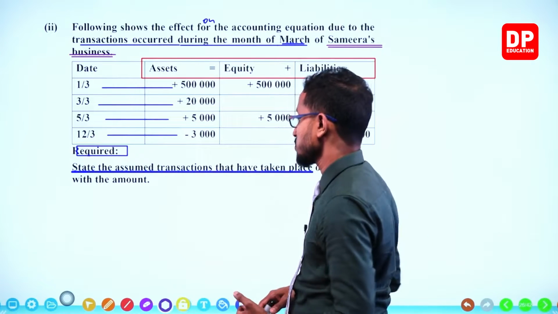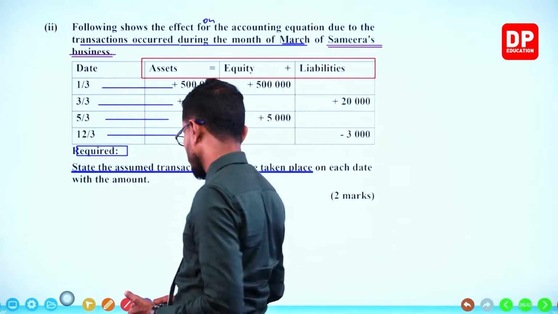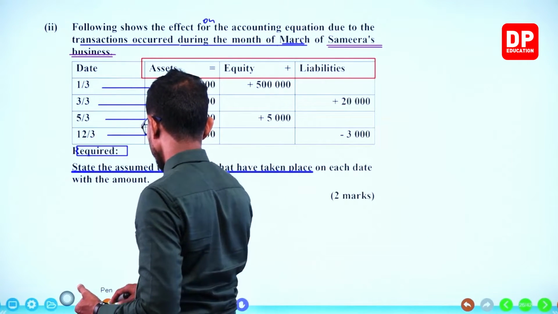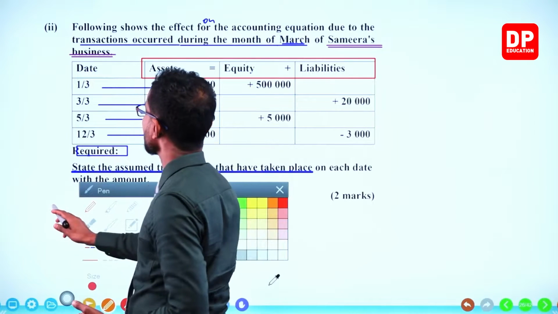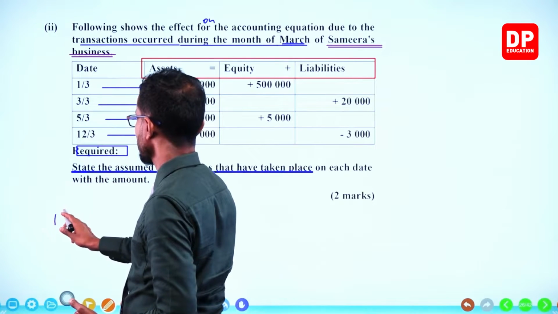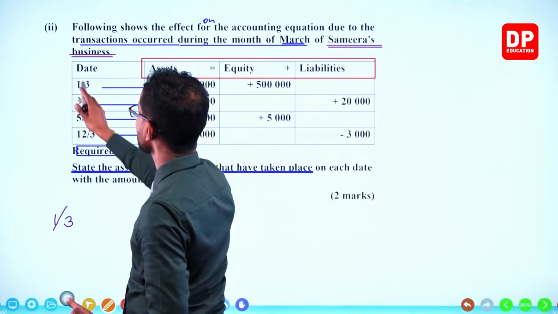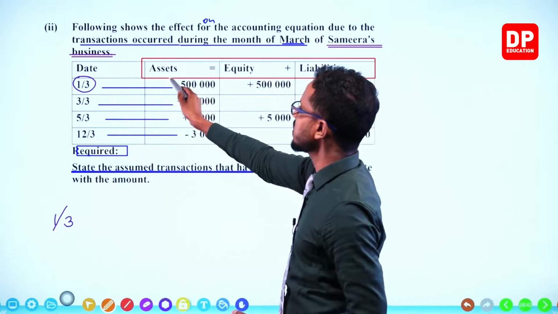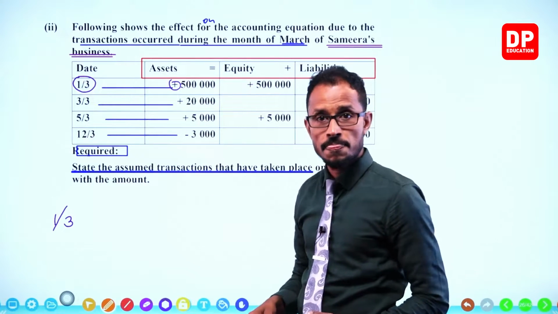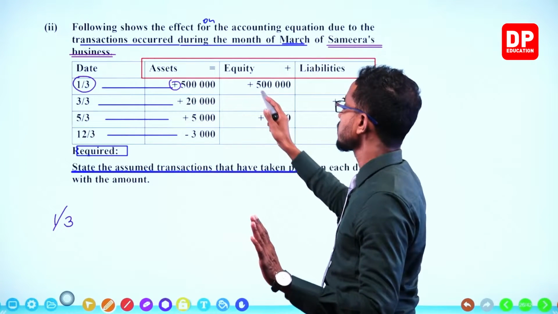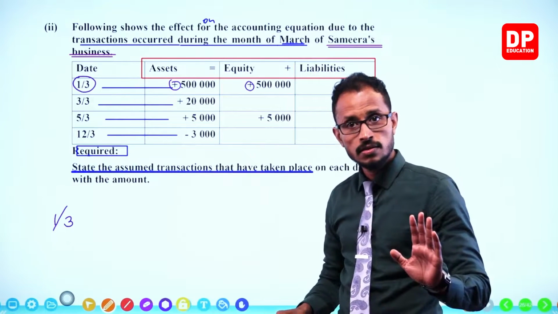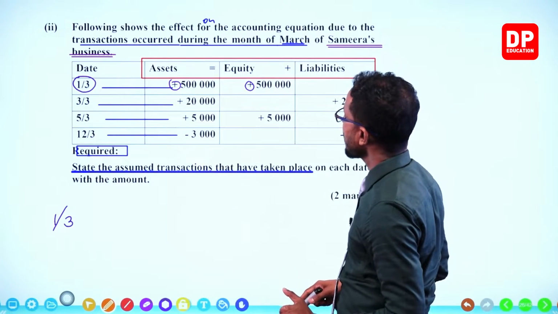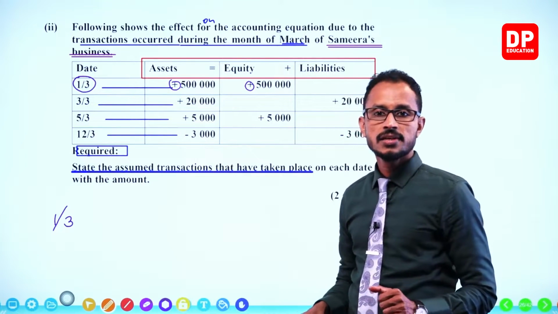Let's write the transactions. Transaction on 3rd. Now, we are writing the transaction on 1st, 3rd. This one. Assets 500,000 increased. Equity 500,000 increased.